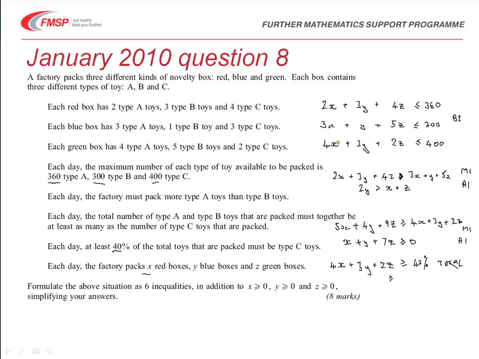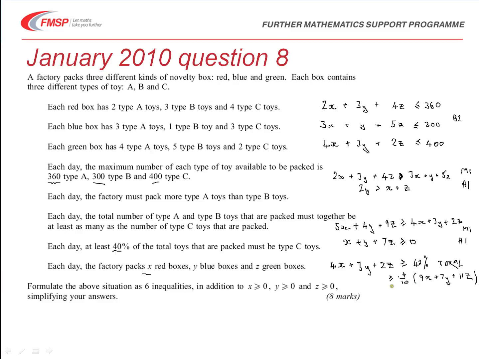We've got to add all of these together. So the total is 9x, and then 3y and y makes 7y, and then the z's add up to 4 and 5 and 2 is 11z. And 40% as a fraction is 4/10, or 2/5, I suppose. So that gives us our inequality.